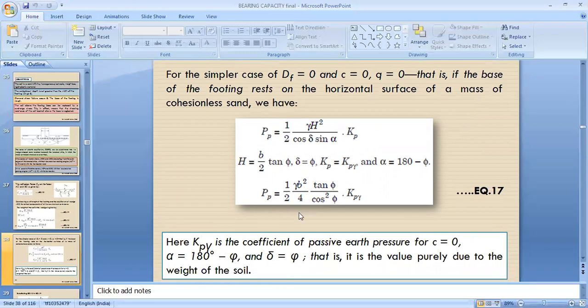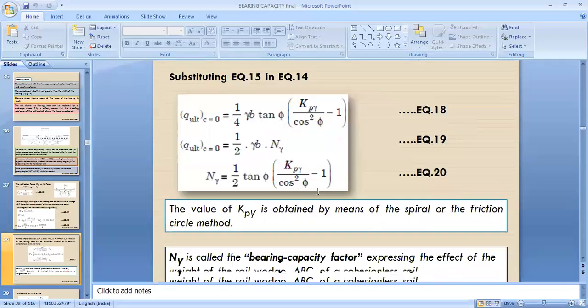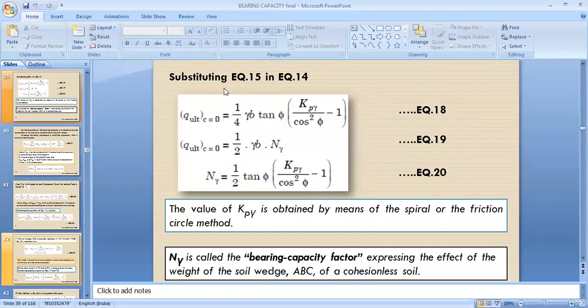Now, for the simpler cases of D equal to 0 and C equal to 0, Pp can also be found using this equation. When we substitute those in equations 1.5 and 1.4, you get the value of N gamma equal to 0.5 Kp gamma upon cos square phi minus 1.